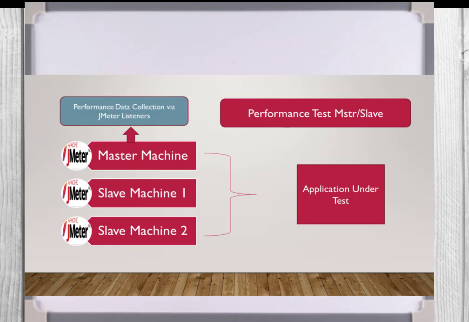The approach enables distribution of multiple machines to interact together and conduct a performance scenario test utilizing the resources of multiple machines. This approach involves treating other accessible machines as slaves to a master JMeter machine.